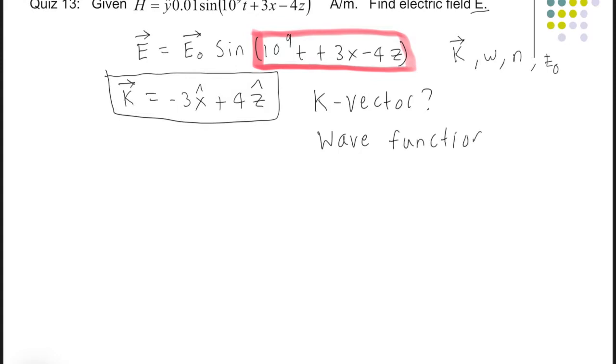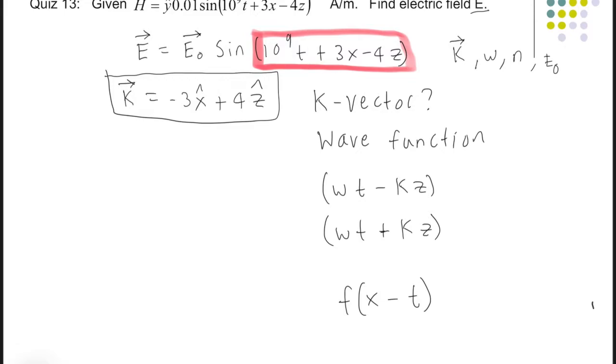The standard forms for a wave function, omega t minus kz and omega t plus kz, act very similar to a shift, such as f of x minus some value t. So if we have a minus here, this behaves like a shift going to the right.